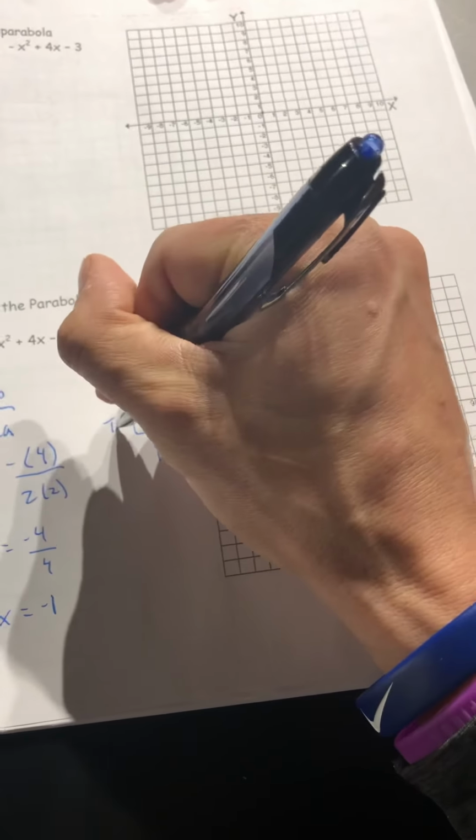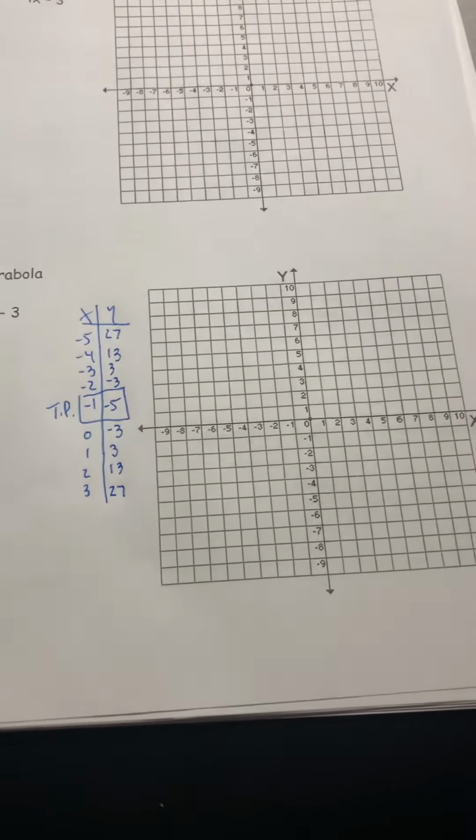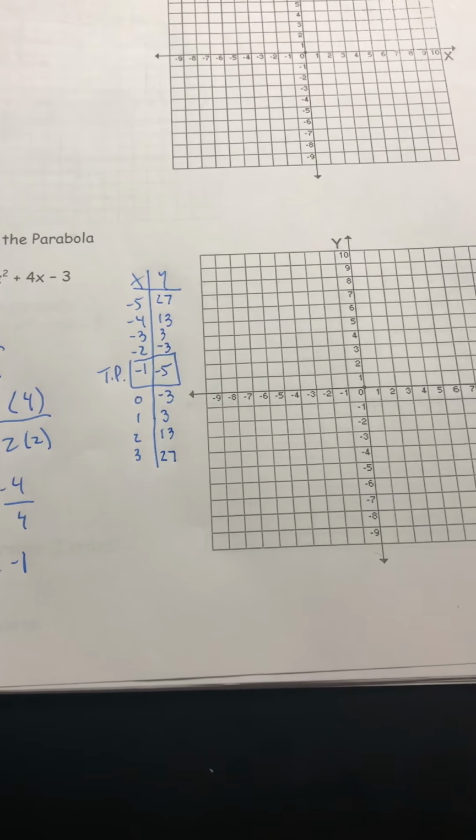And when I do that, I'm going to get 27, 13, 3, negative 3, negative 5, negative 3, 3, 13, and 27.